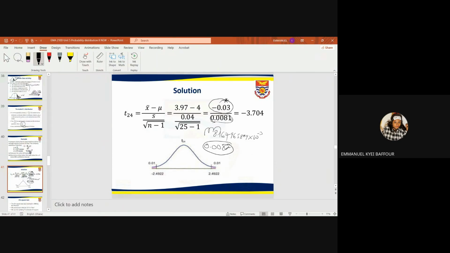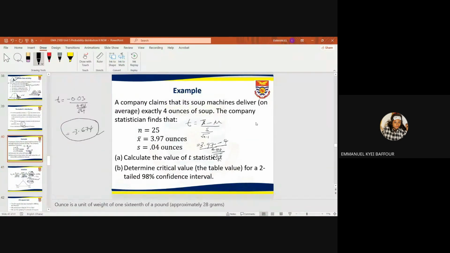So if you replace it here with 2, will you get the same as negative 3.674? What is the answer that we have? 674.